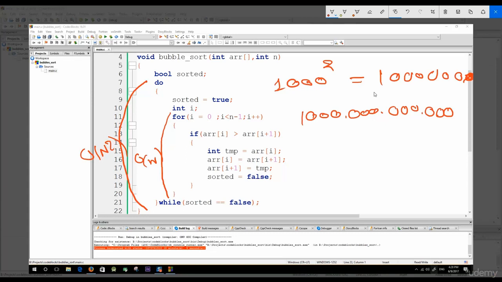So that's 1 trillion operations, which is a very, very big number in terms of computer science. It'll take probably tens of hours or maybe hundreds of hours to complete. While in other algorithms, this 1 million integer array would be sorted in a matter of milliseconds.